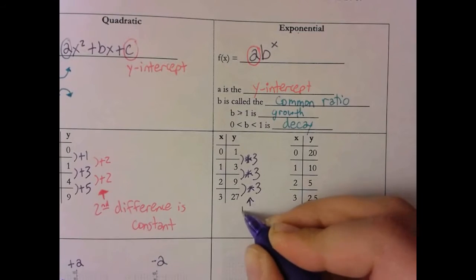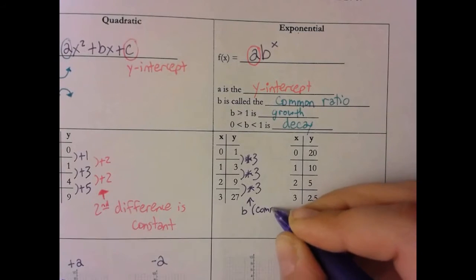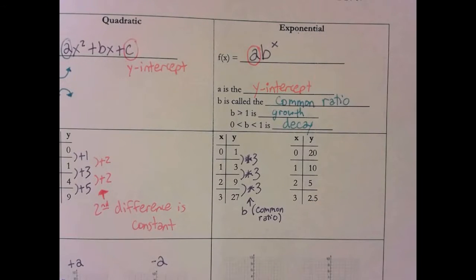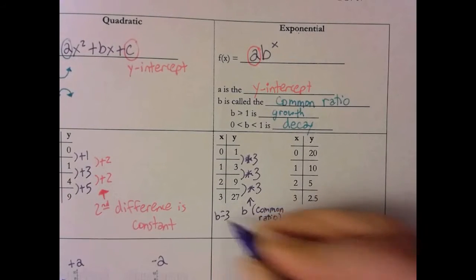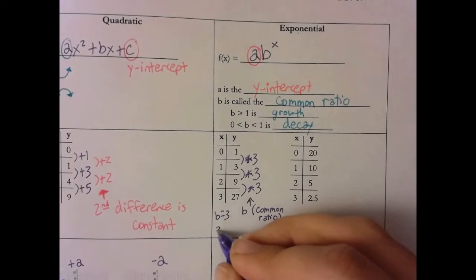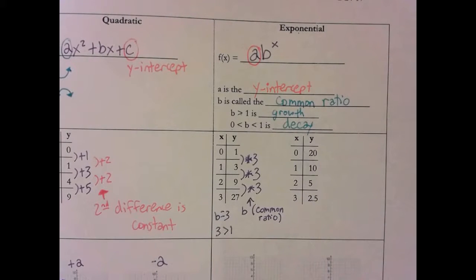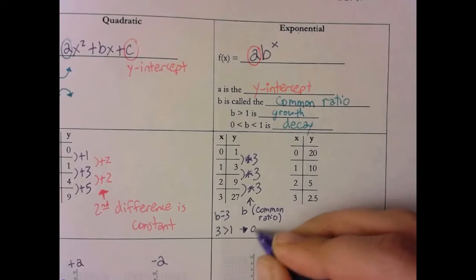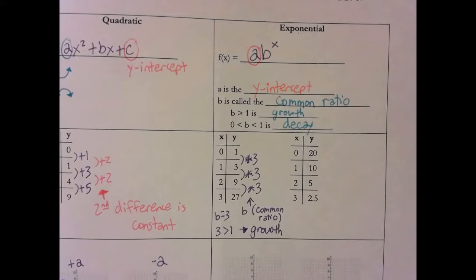This is B, which again is called our common ratio. All right, so notice for this chart, B equals 3. Well, 3 is greater than 1, so do you think this is growth or decay? This is definitely growth. This is exponential growth.